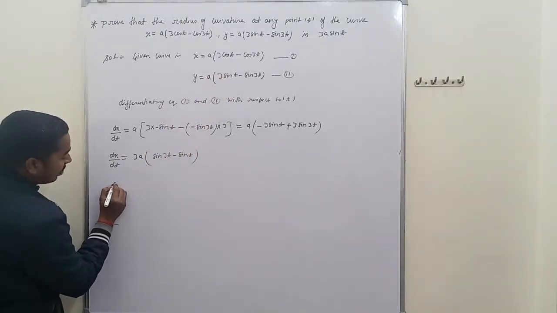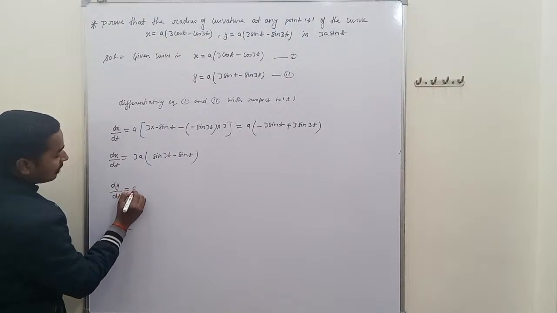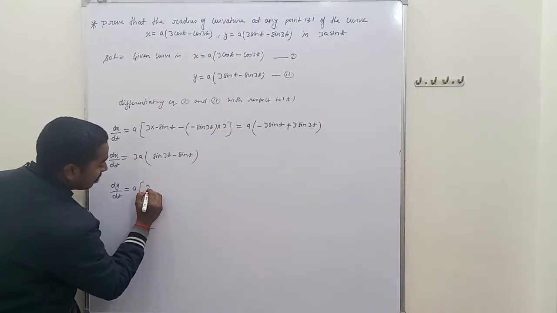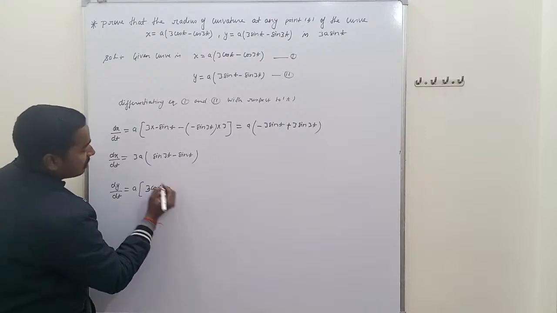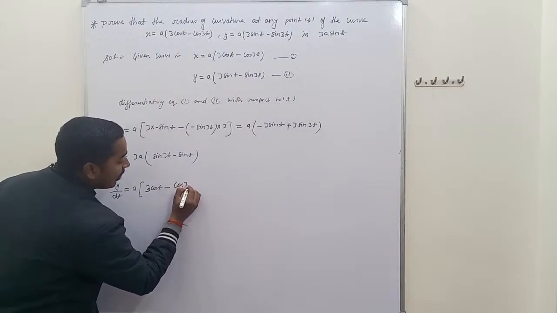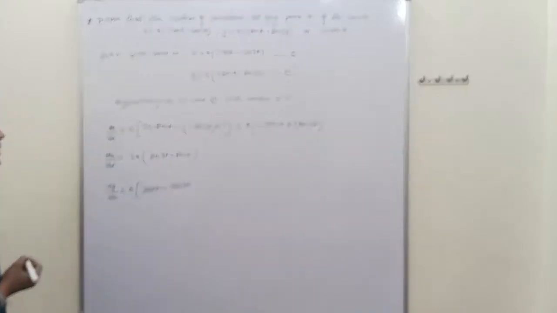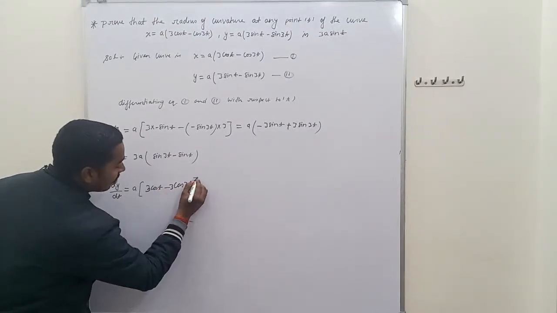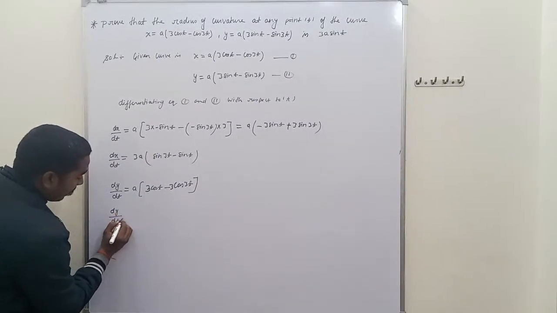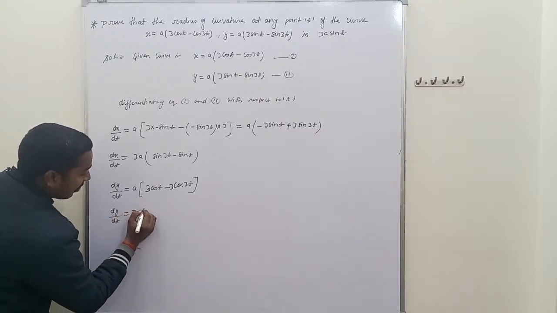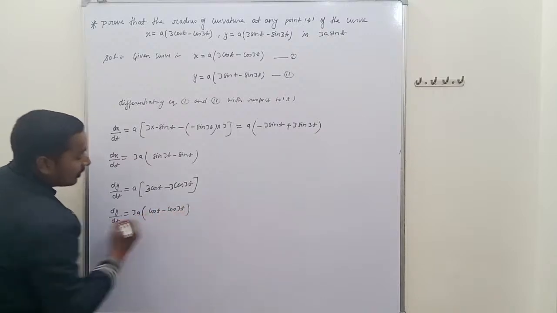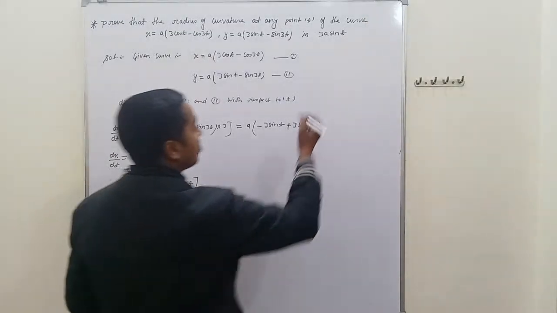This is given by dy upon dt is equal to a taken outside, and sin t differentiated with respect to t gives cos t, and minus sin 3t differentiated with respect to t gives cos 3t, and again 3t differentiated with respect to t gives 3. We can also take 3 common, so dy upon dt is given by 3a (cos t minus cos 3t).